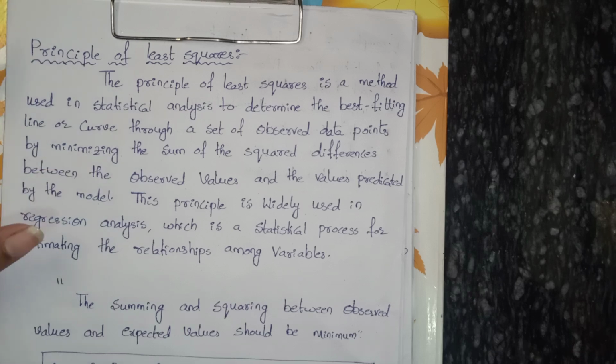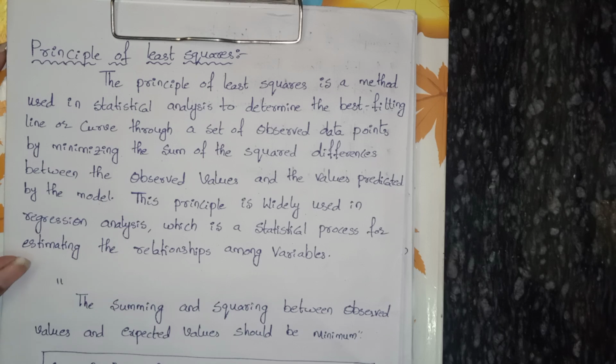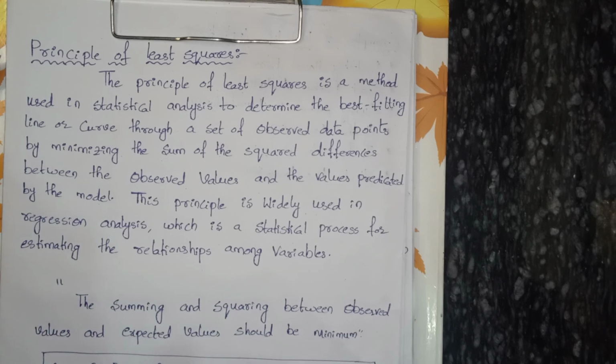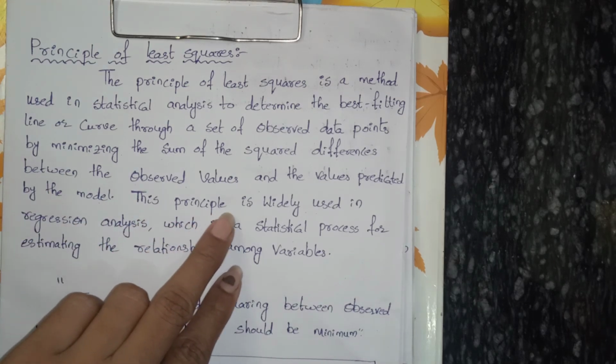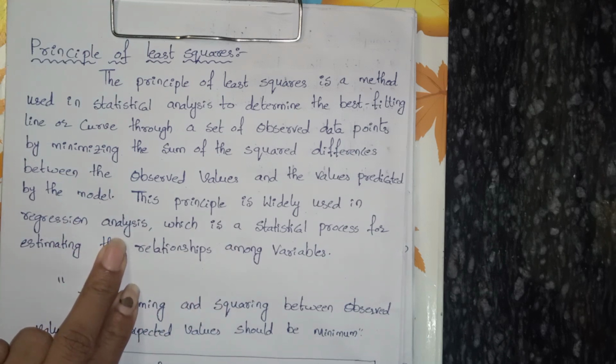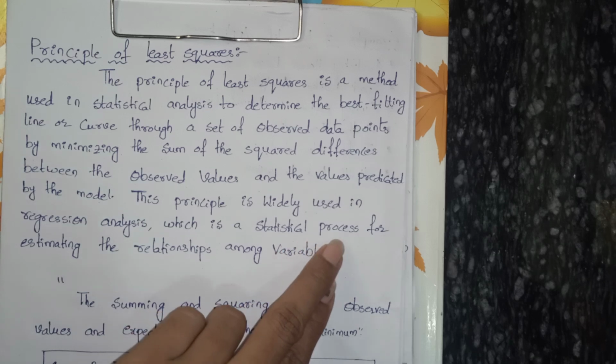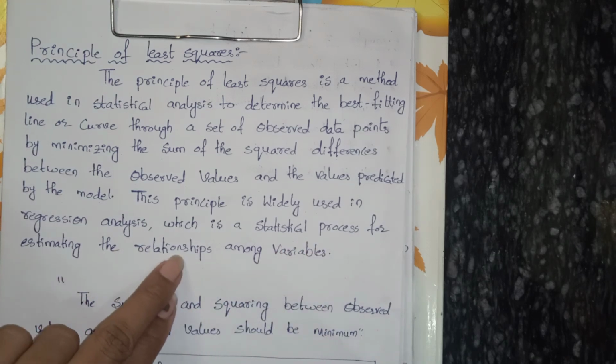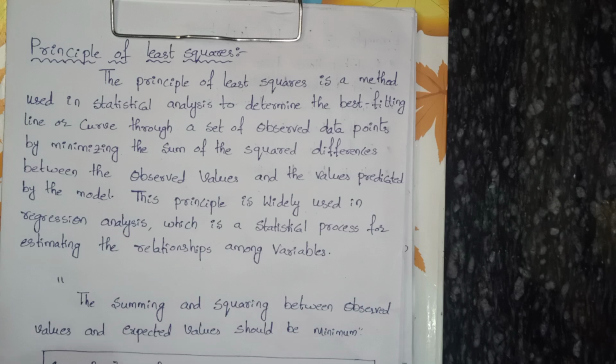If you want to say it in simple words, the principle of least squares method is used to find the unknown variables, unknown constants. This principle is widely used in regression analysis, which is a statistical process for estimating the relationship among variables. It is used in regression analysis to identify the relationship between two variables.